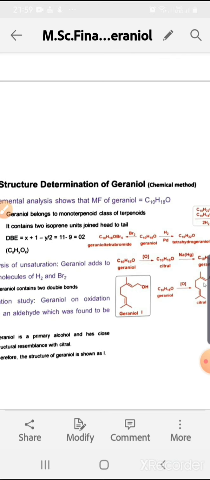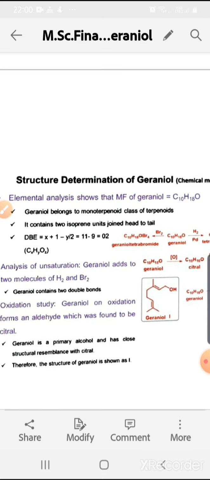Its empirical or molecular formula gives important information about the structure of the geraniol molecule. Now we determine the nature of unsaturation. As it contains two isoprene units, double bonds should be present in it.